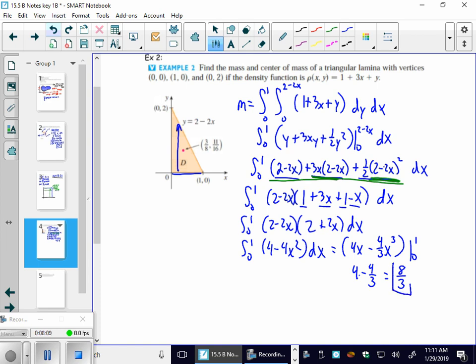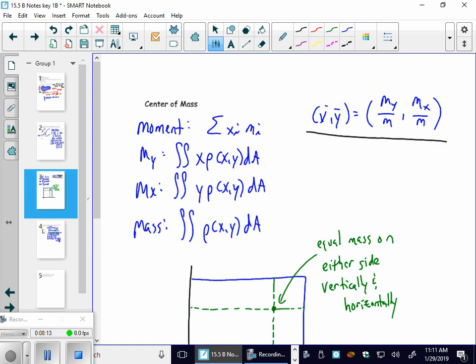All right, and the reason it's important for us to find the mass is that, according to the previous page, I need the mass to find the moment, right here and right here. I'm going to divide each one of the moments by the mass.